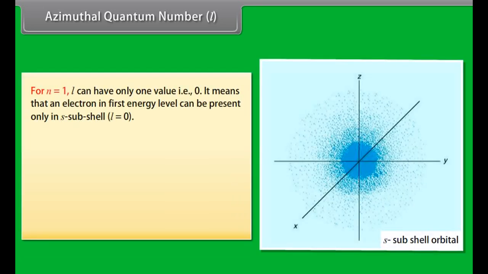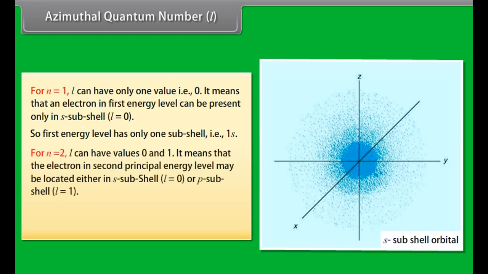For n = 1, l can have only one value, that is 0. It means that an electron in the first energy level can be present only in the s subshell, l = 0. So the first energy level has only one subshell, that is 1s. For n = 2, l can have values 0 and 1.